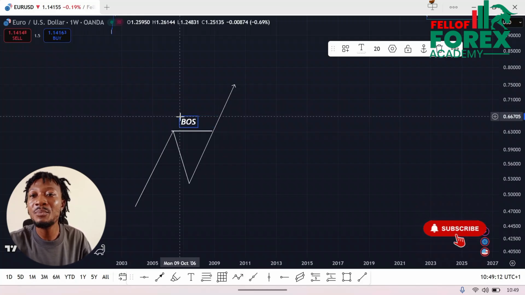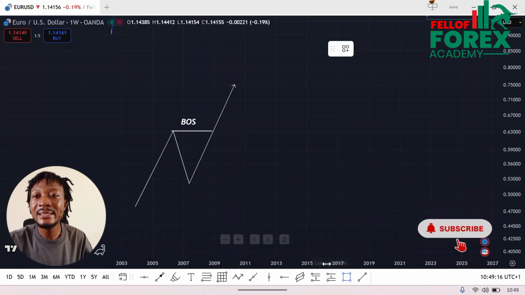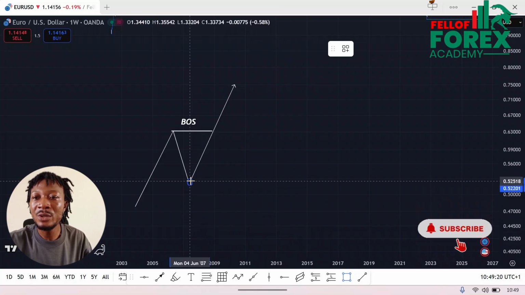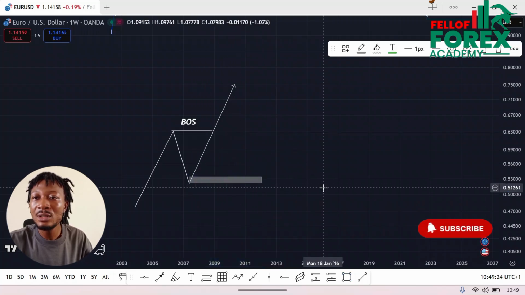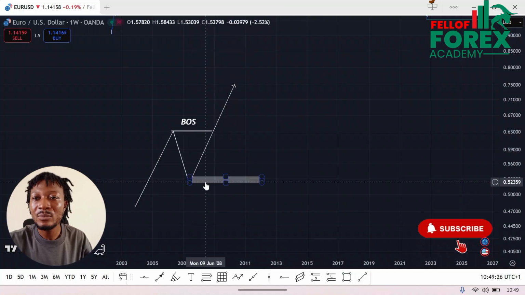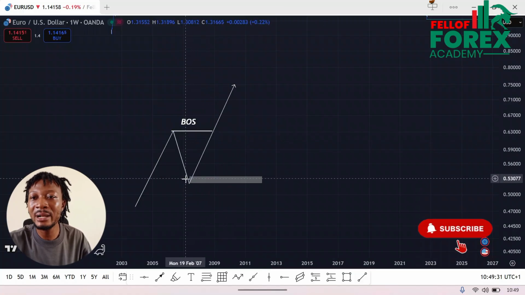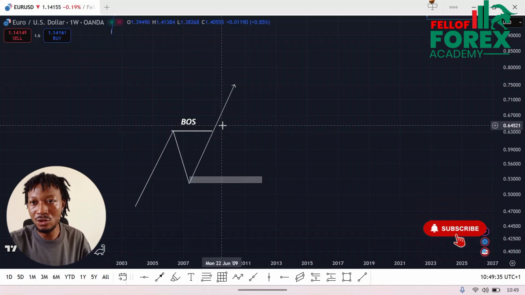You can abbreviate it BOS. While the second thing I mark out is the lowest point price got to, which is this low. I mark out this low. So I consider this the low that led to the break of structure. It's not me considering. We all can see that this is the low that led to the break of structure.